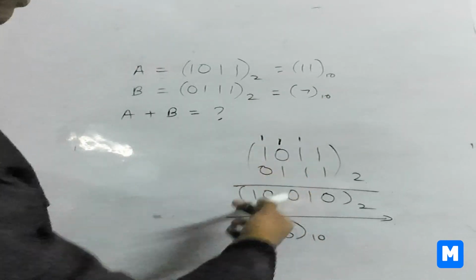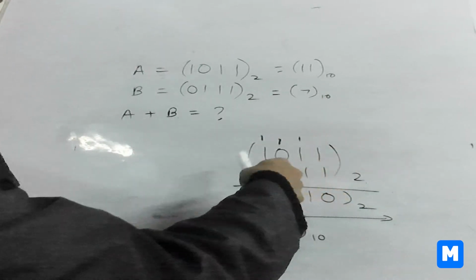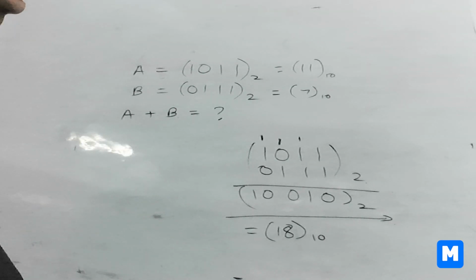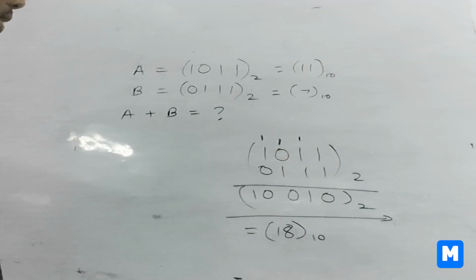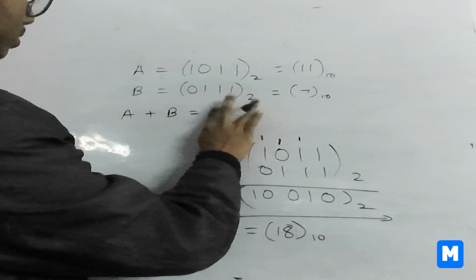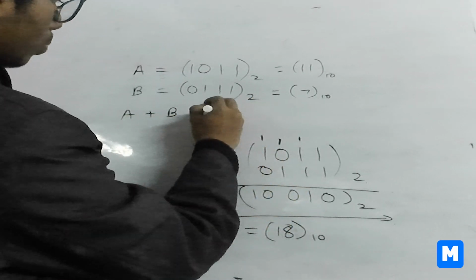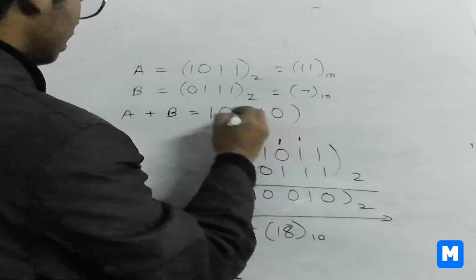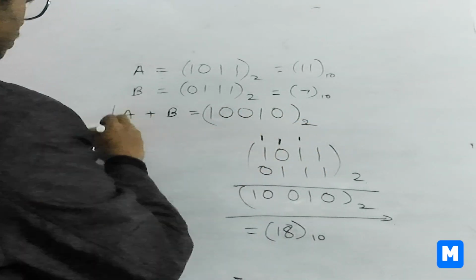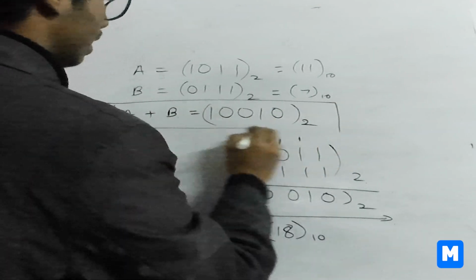Even if we represent this in the binary form, we still get the same answer. This proves that what we've done is correct. So A plus B is 10010 in binary. This is your answer.